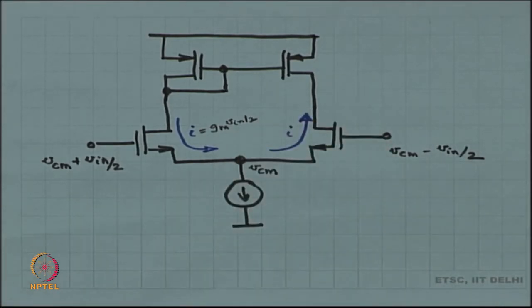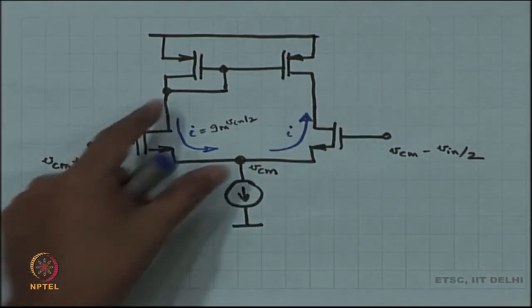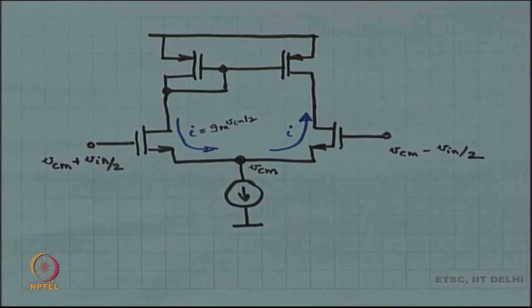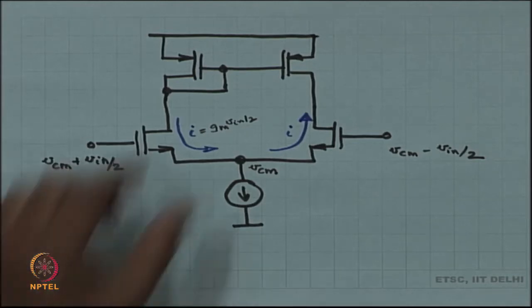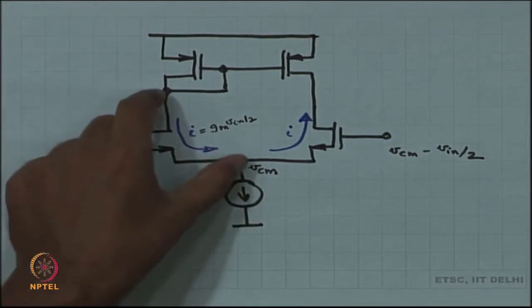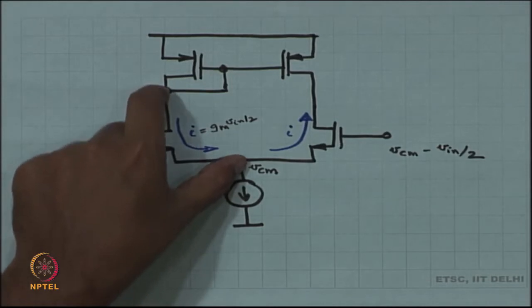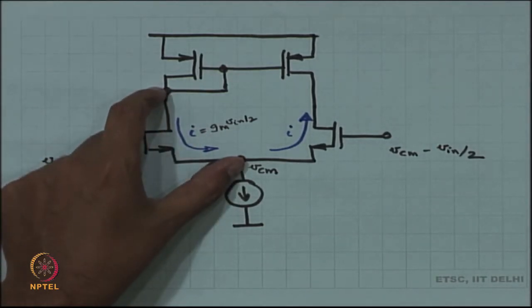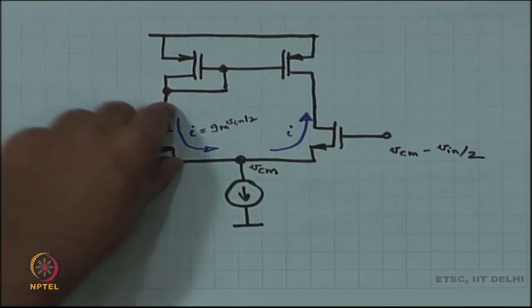Here we did not take into account RDS of this particular MOSFET, we have forgotten about RDS of that MOSFET. That is a minor problem according to me, but it is an inaccuracy in this analysis. So, one inaccuracy is that we forgot about RDS between these two terminals.